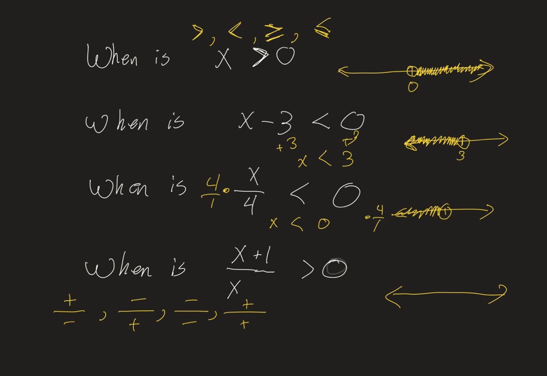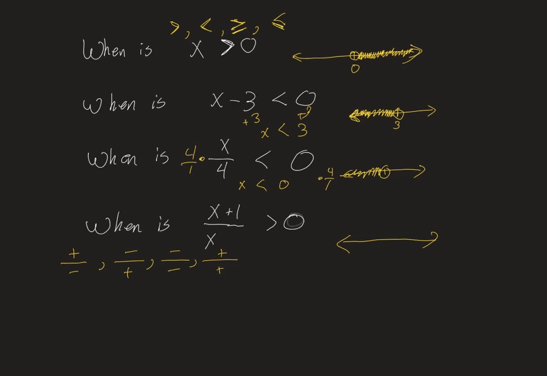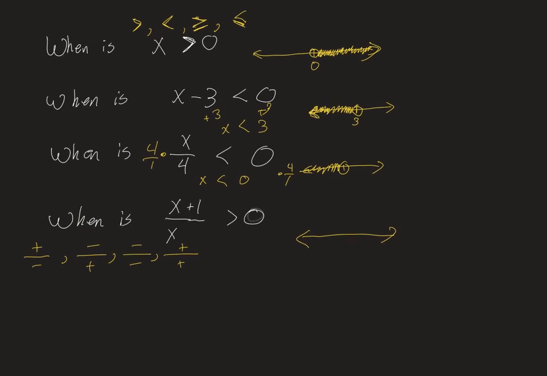So what I end up with is I'm going to have to break this in. Let me see if I can select everything there. There we go. I don't know why it decided to turn on an angle for me. So what I'm going to do is I'm going to say, well, I need x plus 1. So I'm going to start with this one. X plus 1 needs to be less than 0 because that's negative.